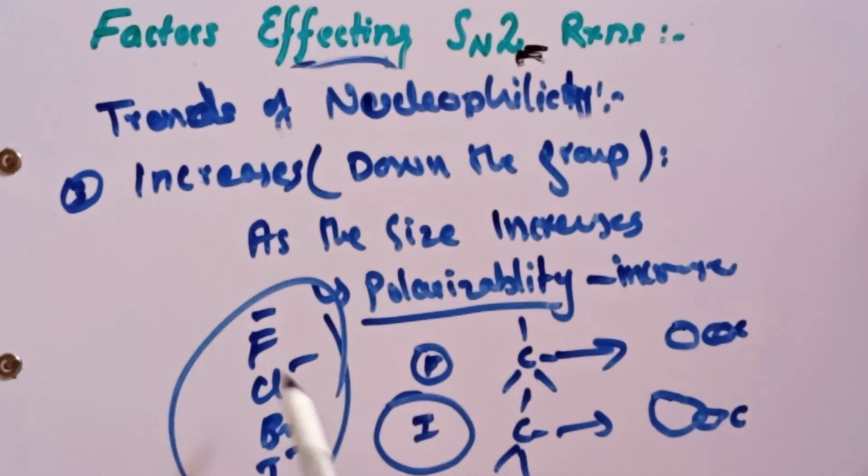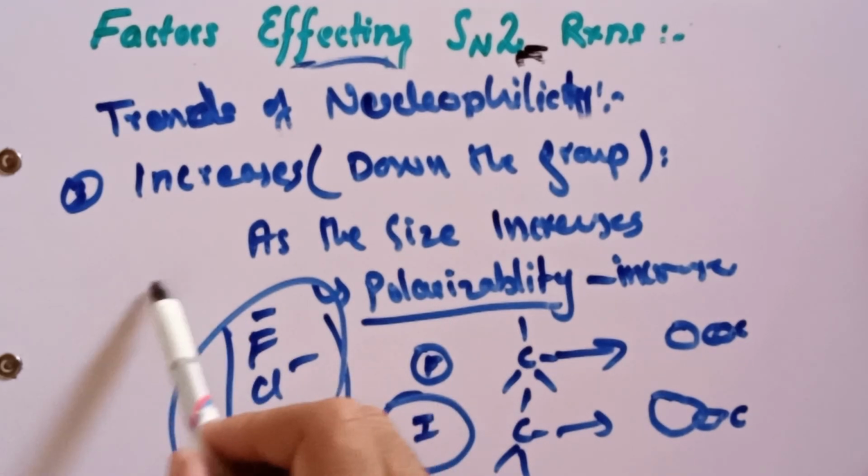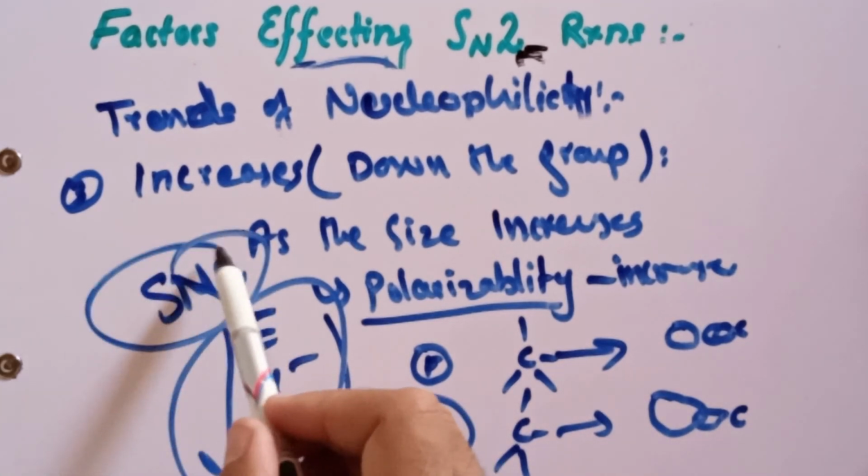When these ions go down the group, the nucleophilicity increases. Iodide will act as a good nucleophile, while fluoride ion will act as a weak nucleophile compared to iodide, chloride, or bromide. So down the group, the reaction rate increases, showing more reactivity towards the electrophile in the SN2 process.